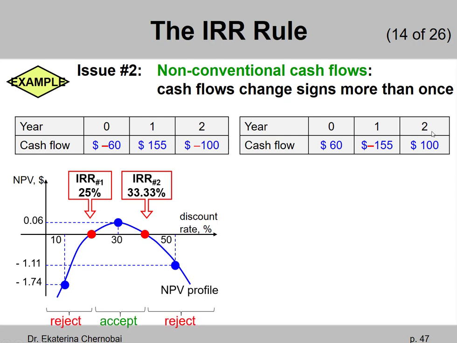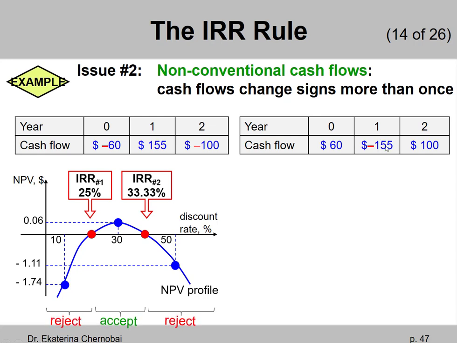And then in year 2 in the future, the cash flow from this project is $100, and it's positive, a cash inflow. So I kept the dollar amounts the same as in my first example on the slide, but I switched the signs. And so it kind of became what we call a financing type project, right? Which is already what we call a non-conventional type project.